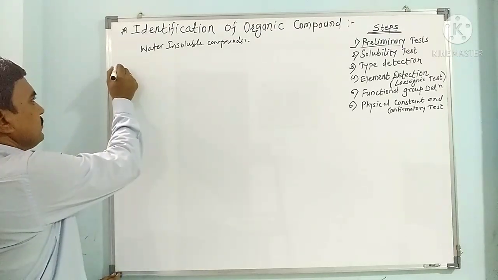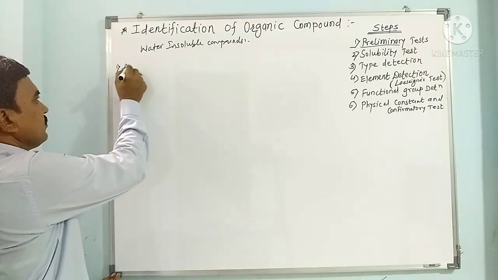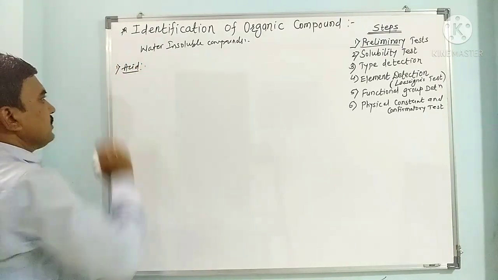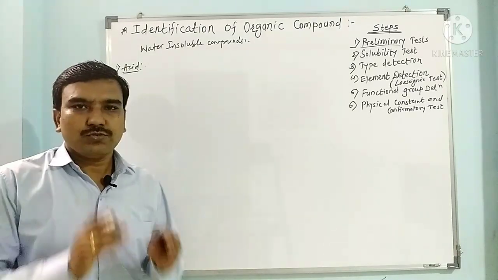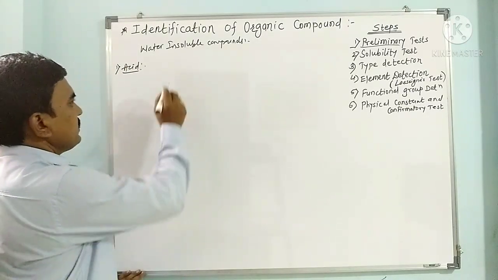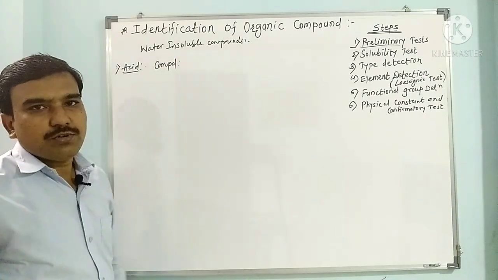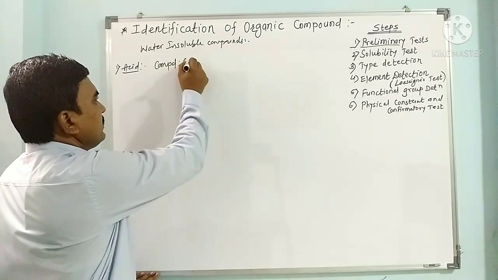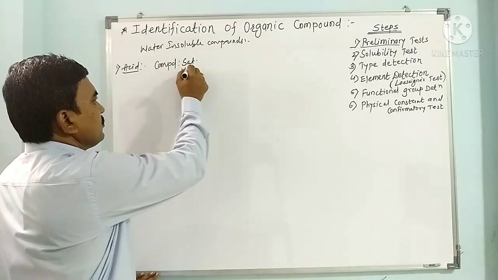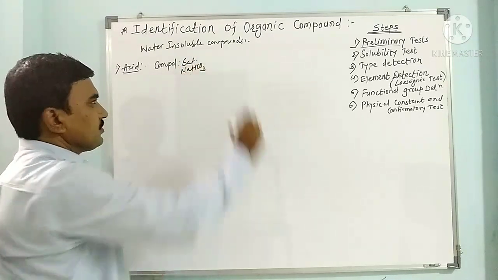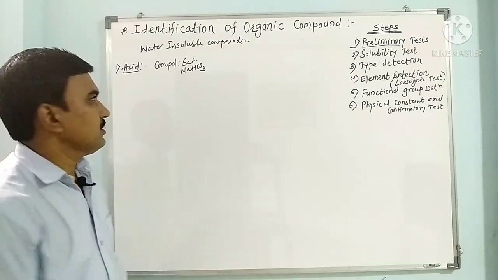For acid, first we have to check whether the compound is of type acid or not. To check acid, we first take the compound, and to this compound we add saturated NaHCO3, sodium bicarbonate.